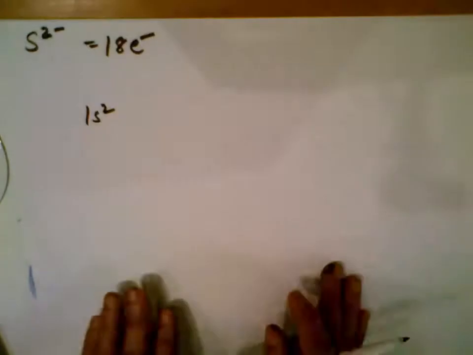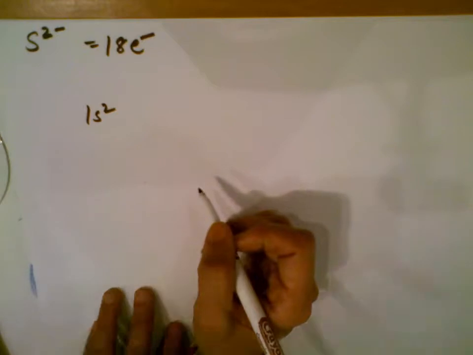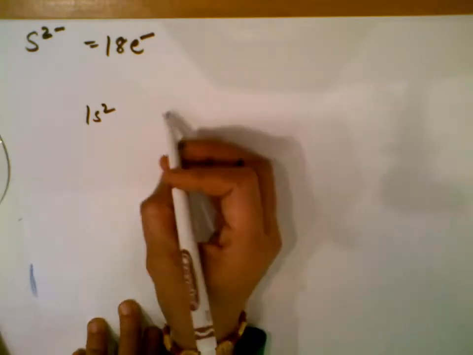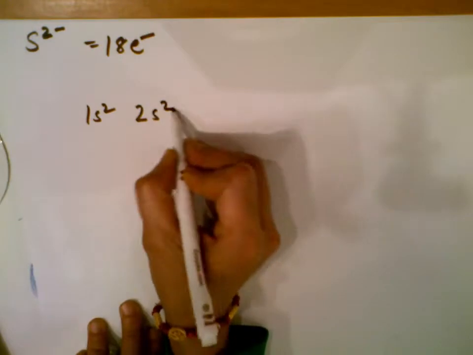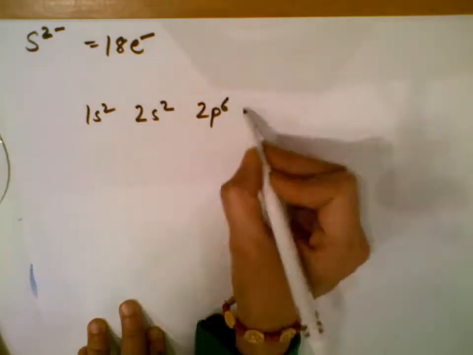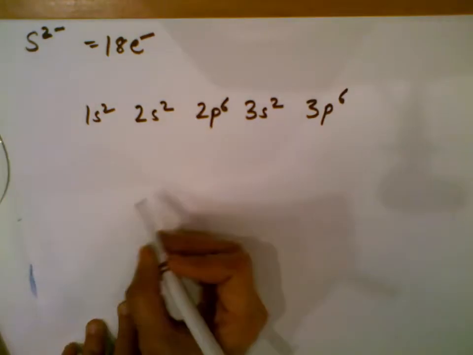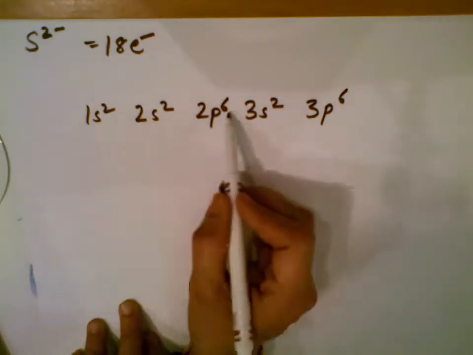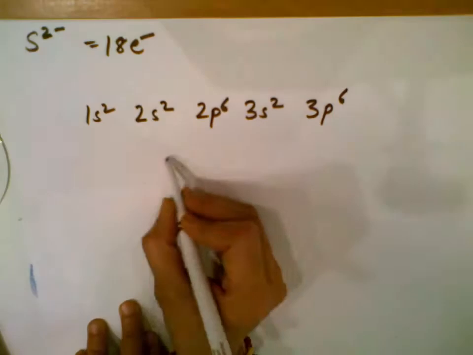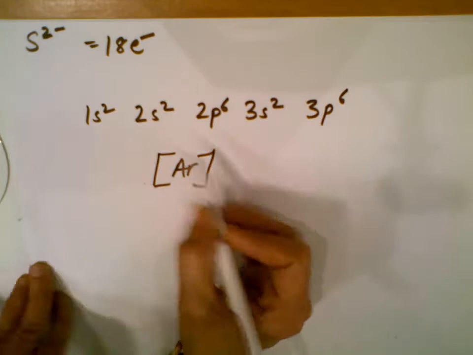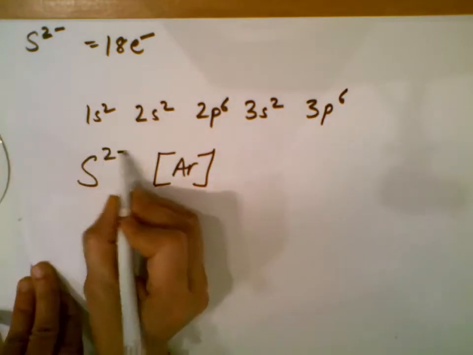Everything is the same, except the number of electrons will be different from the parent atom. That's the only difference for ions. 1s2, 2s2, 2p6, 3s2, 3p6. So what is happening here? 2, 2, 6, 2, 6 makes 18, which is argon. So argon, Ar, and this one is S2 minus.